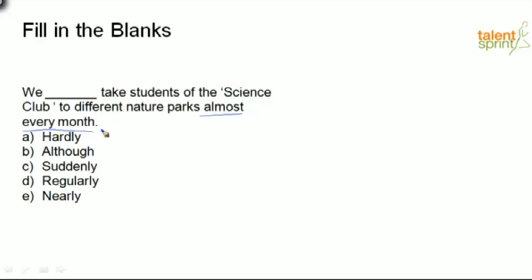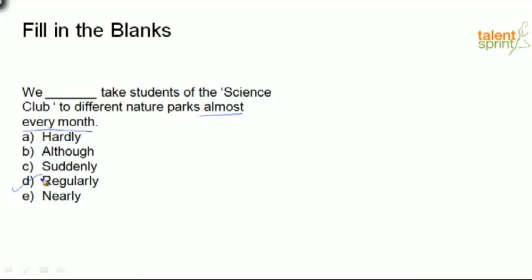So keeping this key phrase in mind, looking at the options, which ones do you think? It says, we take students of the science club to different nature parks almost every month, which means it happens on a regular basis, right? So hardly, although, suddenly, regularly, nearly, we know for sure it has to be regularly. And hardly is barely, right? You're talking about, I could barely hear him or her speaking.